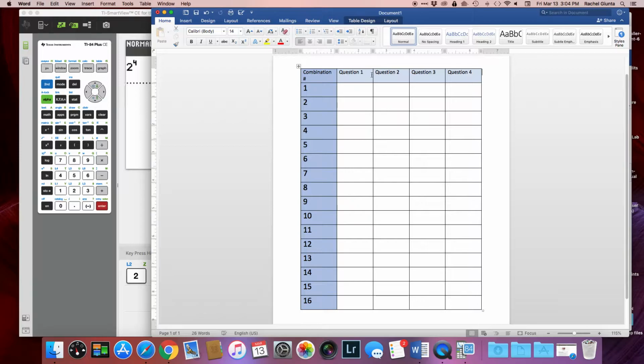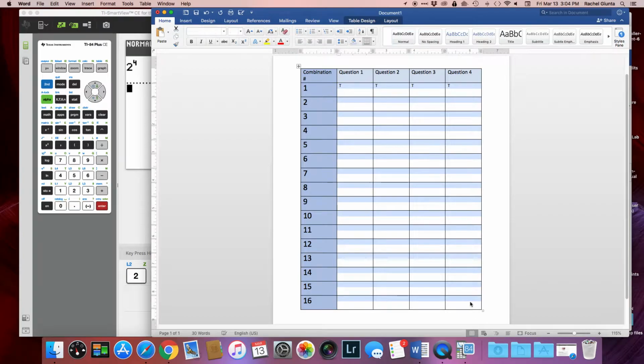And then this is where the true-falses go. So for combination number 1, it's going to end up being true, true, true, true, and I'm going to make this font a little bit bigger so it's easier for you to see.